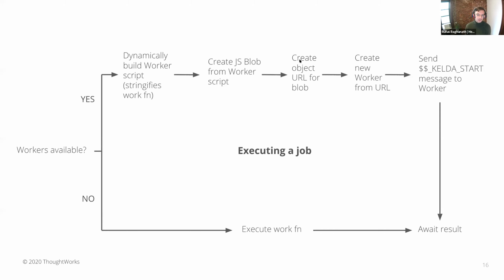So now the browser has a random, hash-like URL that you can visit in order to get back the worker script. And then we can simply instantiate a new worker and point it at that object URL. And then it starts its lifecycle. Once it's ready, Kelda sends the Kelda start message, and it'll start evaluating that work function. When it's done, it'll send back the Kelda done signal with the return value if there is any, and then the promise resolves.